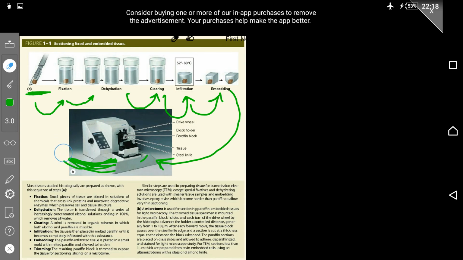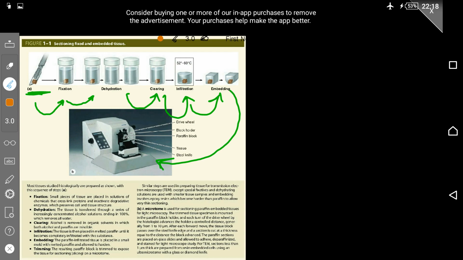So this is the end of the preparation of the tissue, but there is one very important thing that needs to be mentioned in here once again, and very properly. The tissue that is embedded and that is cut, in here it differs.